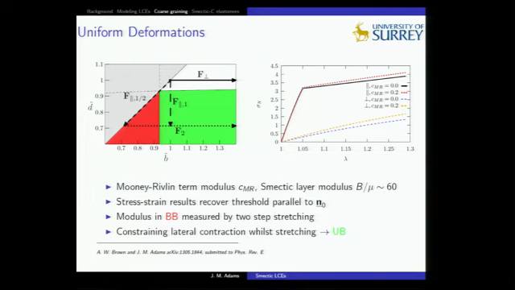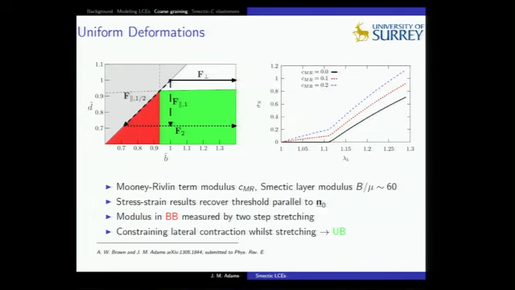But perhaps for experiment, it would be useful to work out what's going on in this region, in which case you'd like to first stretch parallel to the layer normal and then stretch perpendicular so that you can come along here whilst keeping that parallel stretch the same.